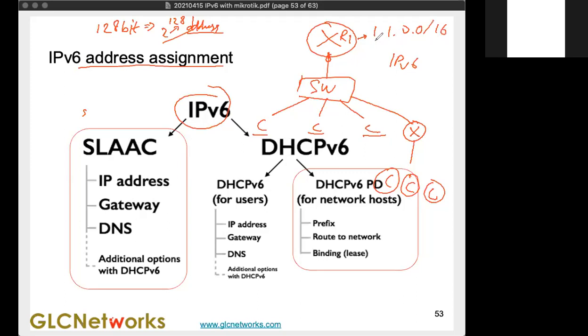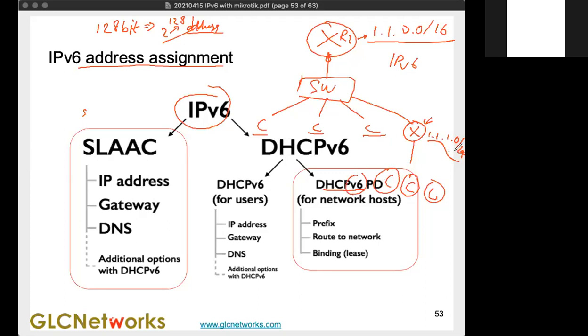Okay, so this is a big IP address. So I want to delegate one prefix to this, so this one will get 1.1.1.0/24. Okay, so we can do that. We can delegate prefix with IPv6. Yeah, it's called PD.